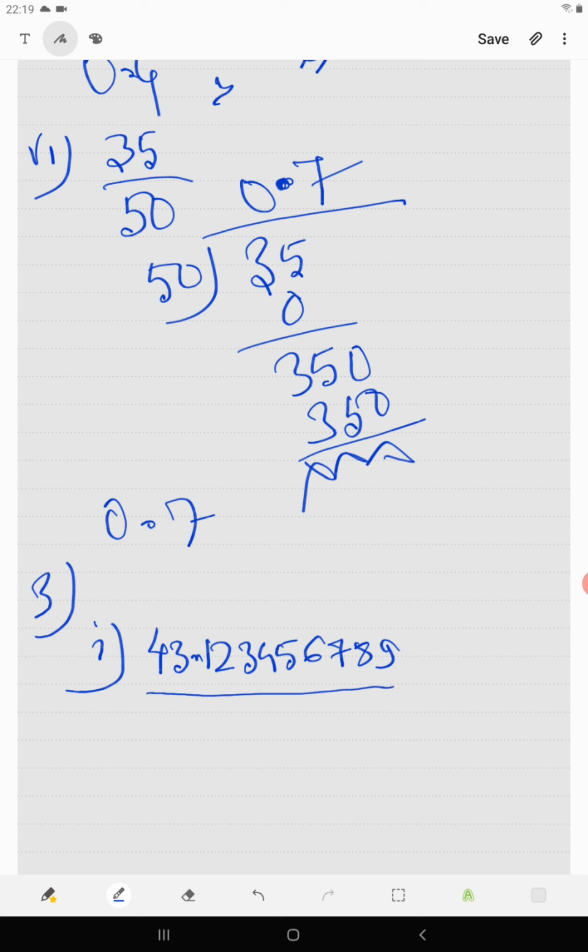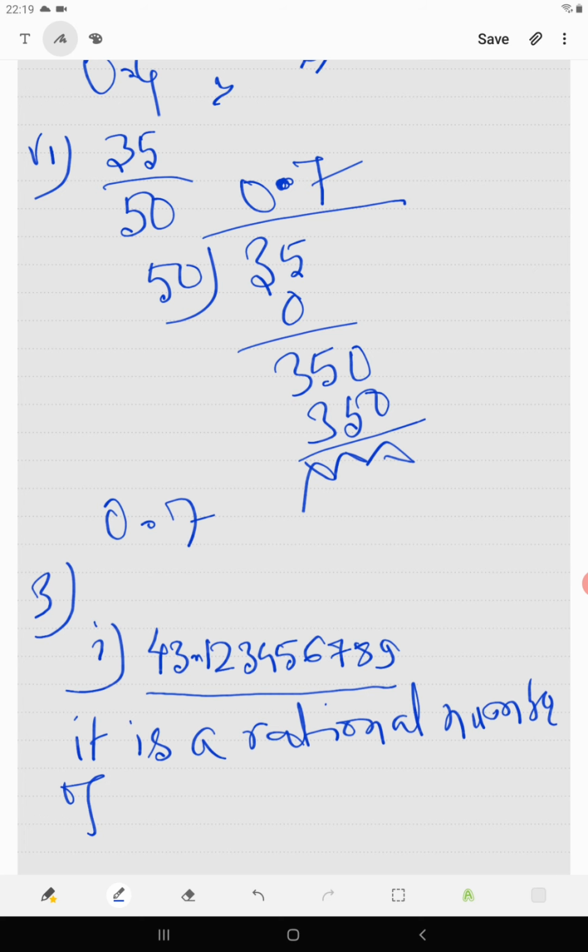There is no bar on the top. Hence, it is a rational number of form p by q.